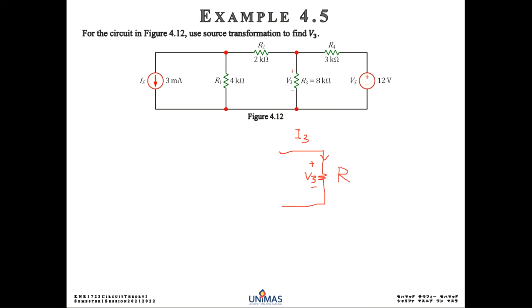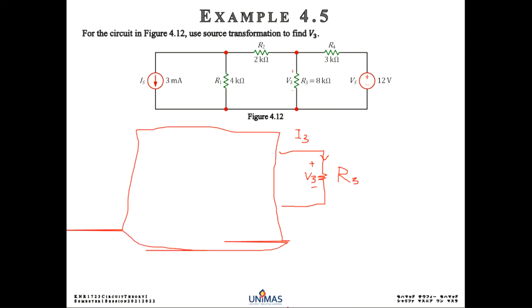With the value of R3 varying, your voltage V3 and current I3 vary. So what you can do is replace the circuit containing all the other elements with a single voltage source.